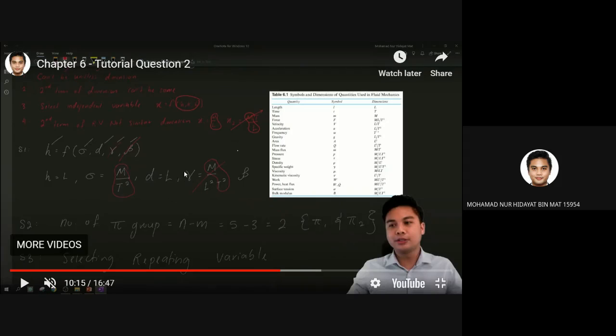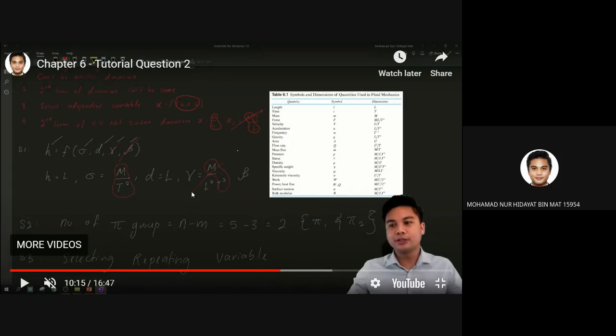So why can we not select the gamma here? You can see the dimension of gamma is M over L squared T squared. So M over T squared is the same as the sigma here, M over T squared. So it breaks rule number 4, M T squared.